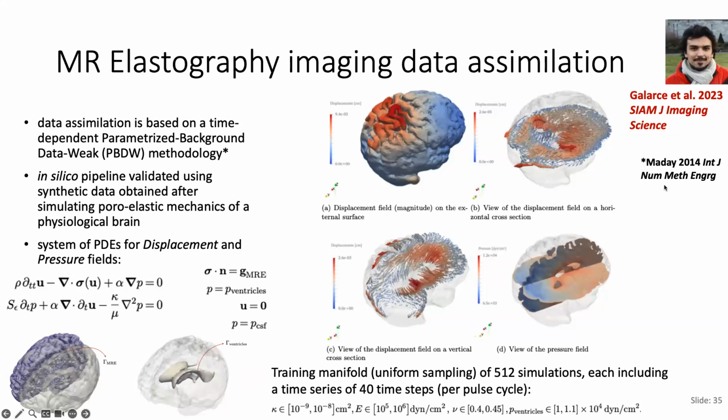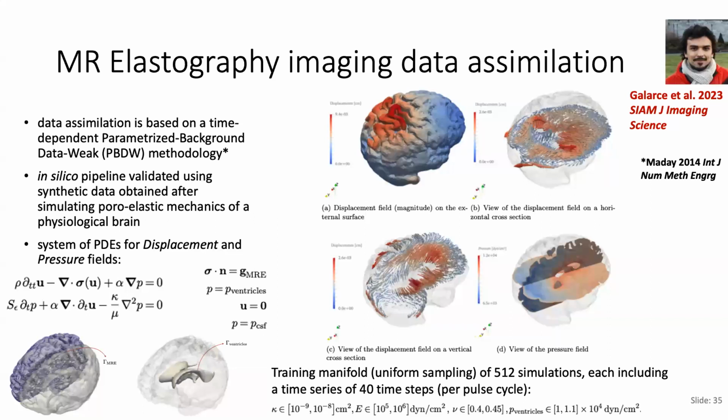study. Okay, so the in silico pipeline was validated using synthetic data. In this first version of our work, we didn't use patient data. So we want to probe the capacity of this data assimilation algorithm by producing synthetic data ourselves, by solving the wave equation.